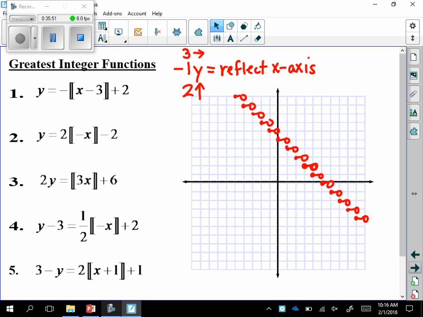You'll have to identify if it's a function or not. You'll have to tell me about the intercepts. And then you'll also have to be able to identify the domain and range both from the graph, but also from the equation. If I give you the equation, remember you're looking for things like square roots, denominators, for figuring out what x can be. Is there anything of greatest? Could be.